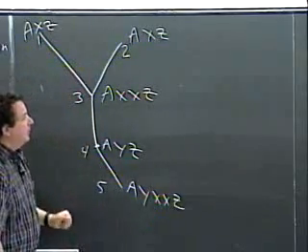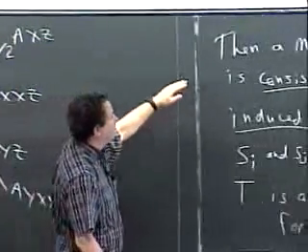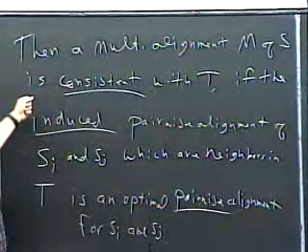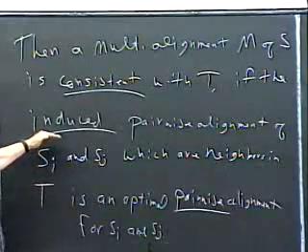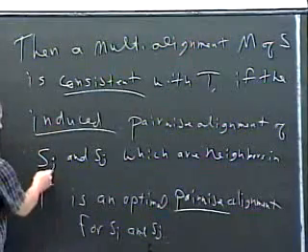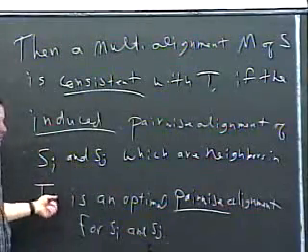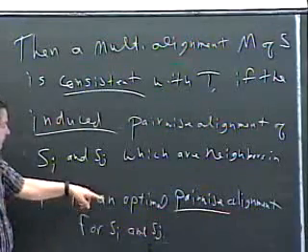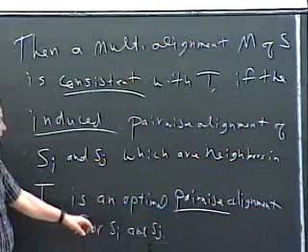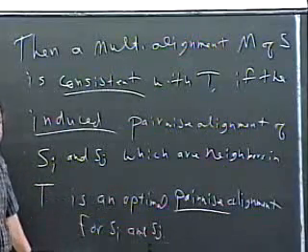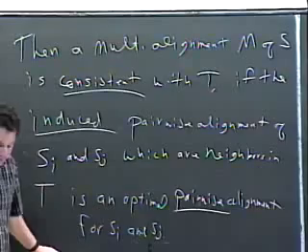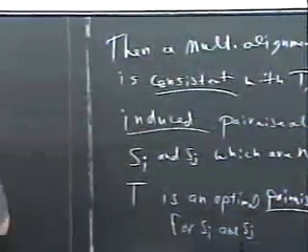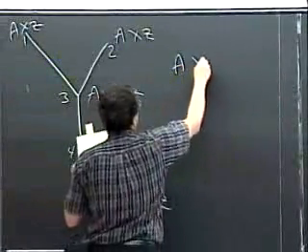Now let's look at this part. A multiple alignment is consistent with T if the induced pairwise alignment of two sequences which are neighbors in T is an optimal pairwise alignment for Si and Sj. Okay? So let me give you the same alignment we had before.